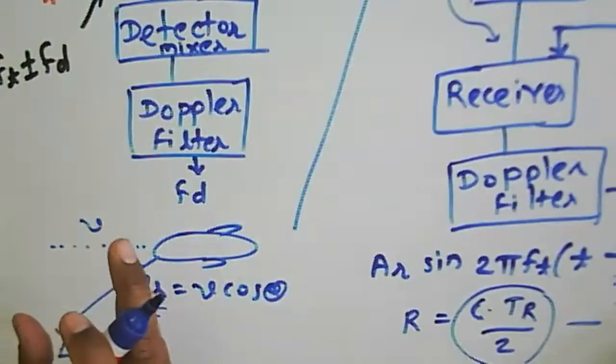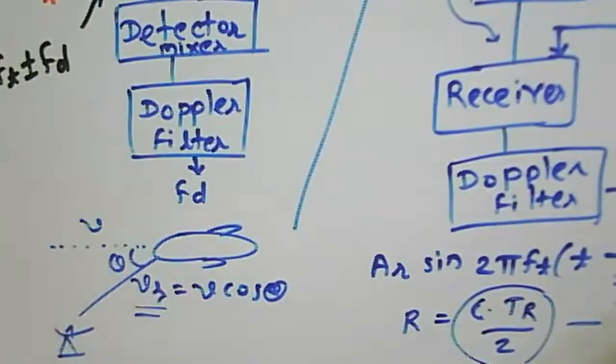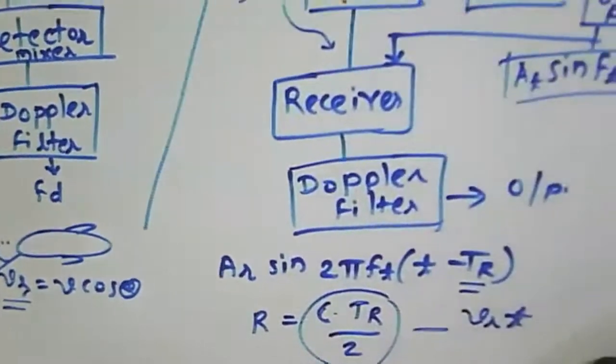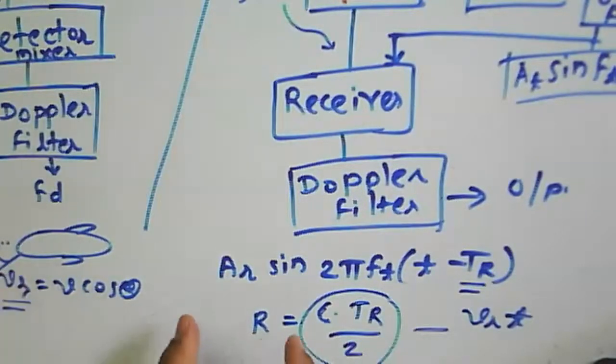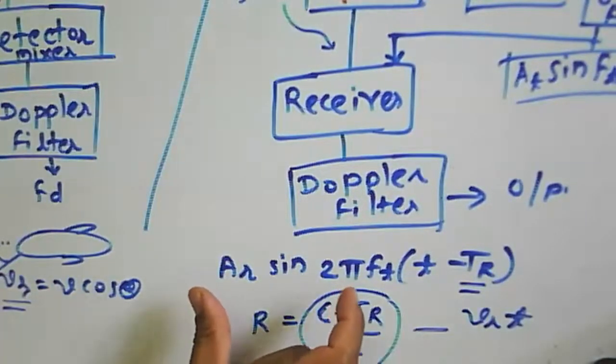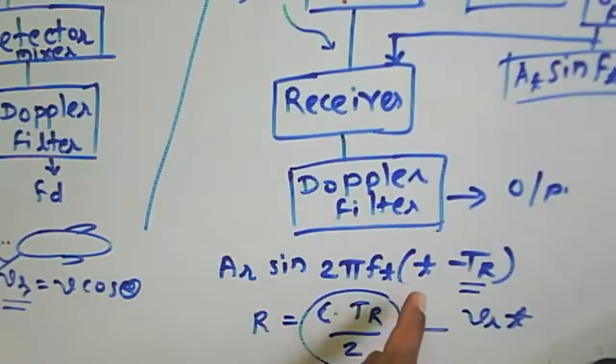So that's why we can see that for the given particular moving target, what will be the received signal here? What will be the output? In another way, the output depends upon the signal f of t minus tr.